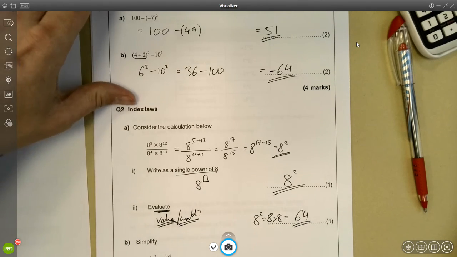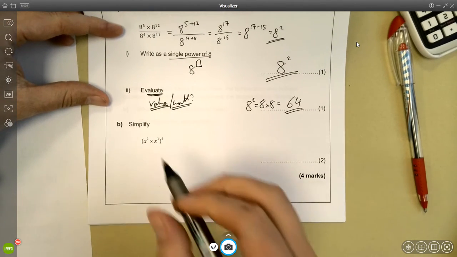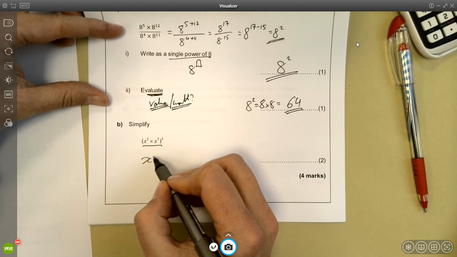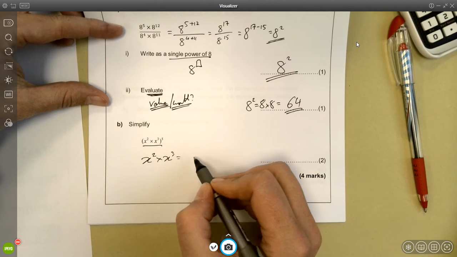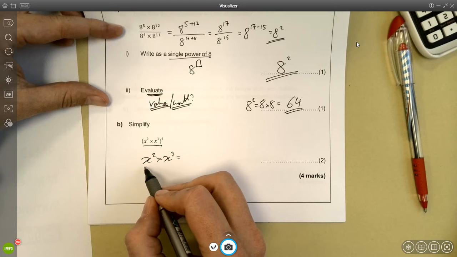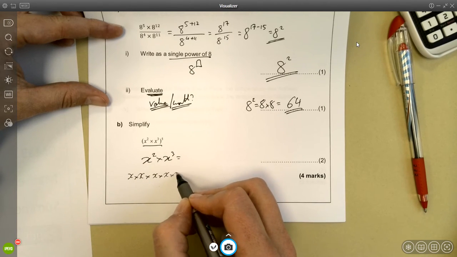Okay, next bit. We're going to look at simplifying this. So, we're still going to do brackets first. We've got the job of doing x squared multiplied by x cubed. Well, that gives us, so x squared, x cubed, really that means x times x multiplied by x times x times x.